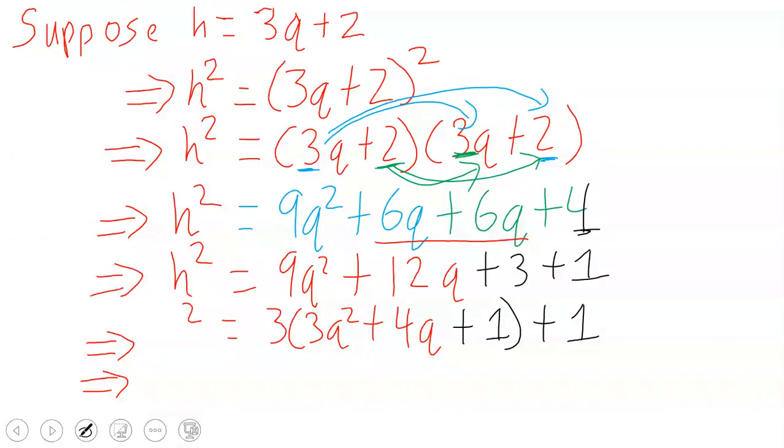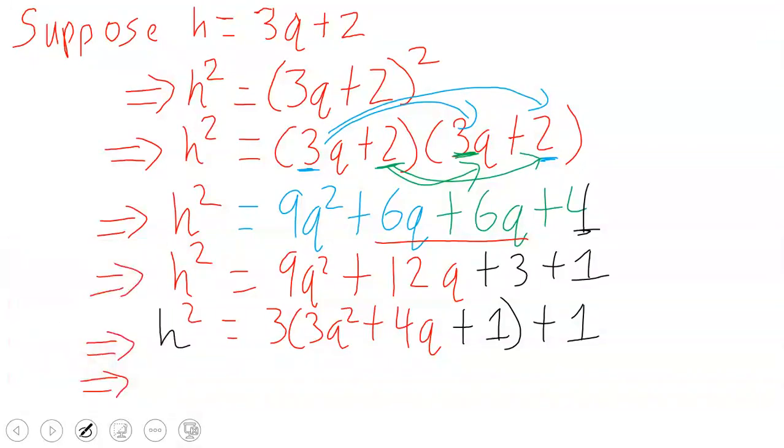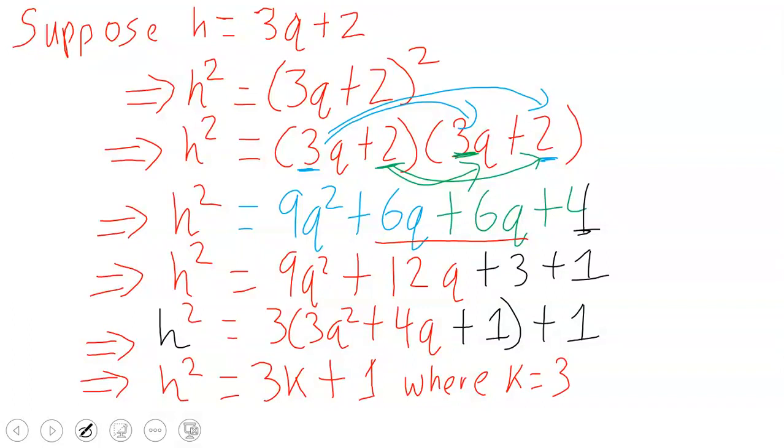Interesting, right? So we have 8 squared. So 8 squared is going to be equal to 3k plus 1, right? Where k is equal to 3q squared plus 4q plus 1.